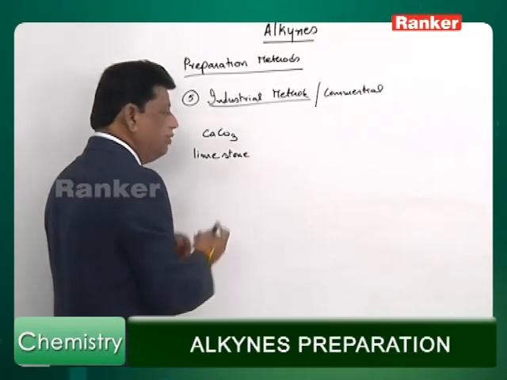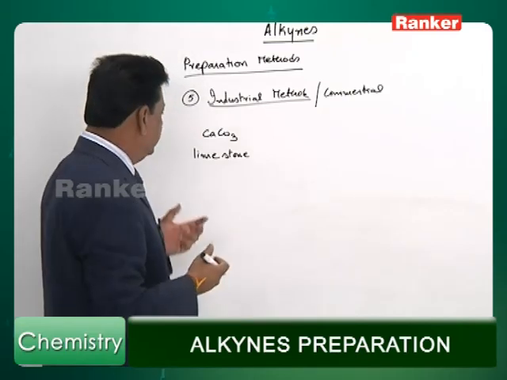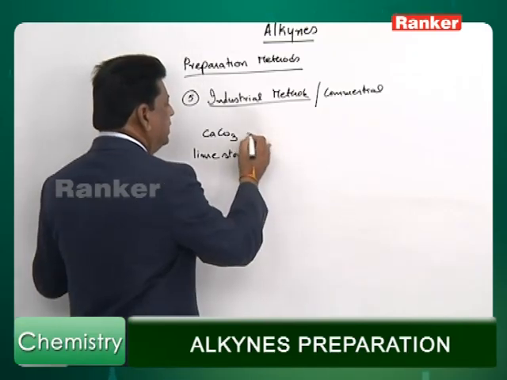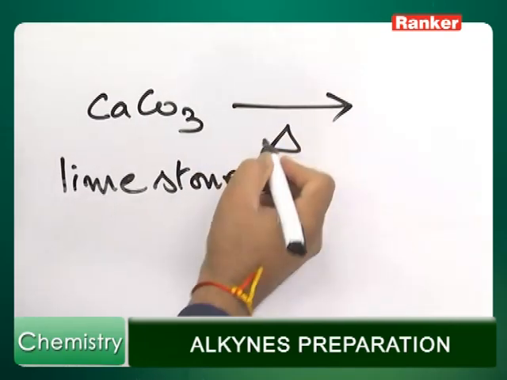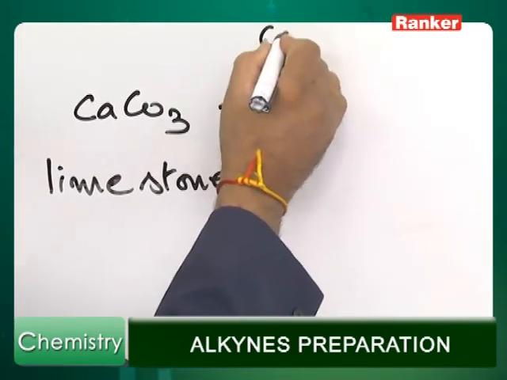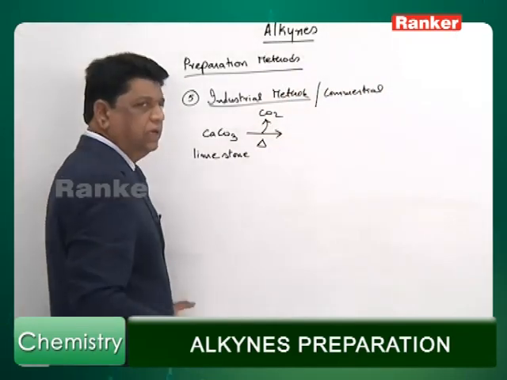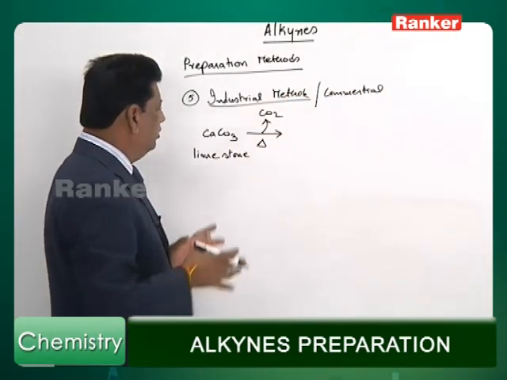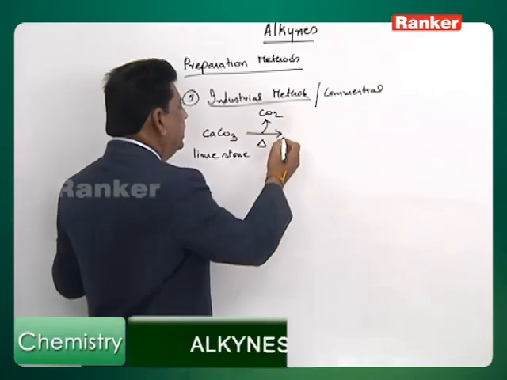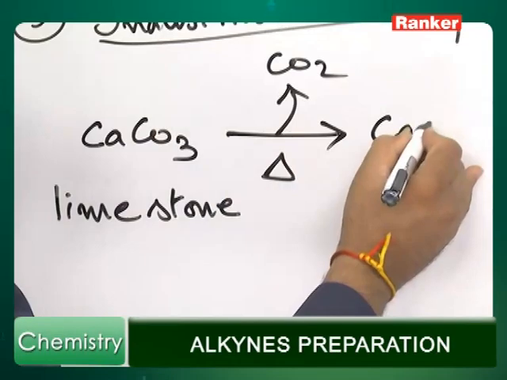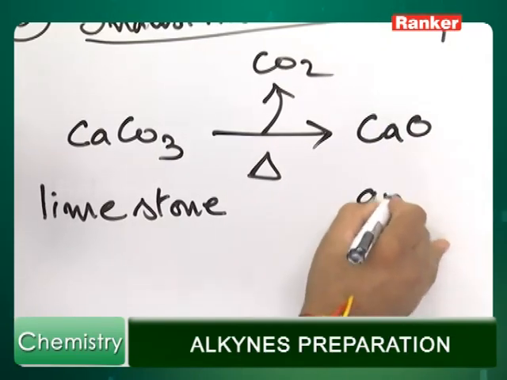The limestone we get from digging the earth, so it is considerably low cost. When you heat strongly in a big kiln, carbon dioxide will go out. In the kiln you find calcium oxide formation. This is called quicklime.